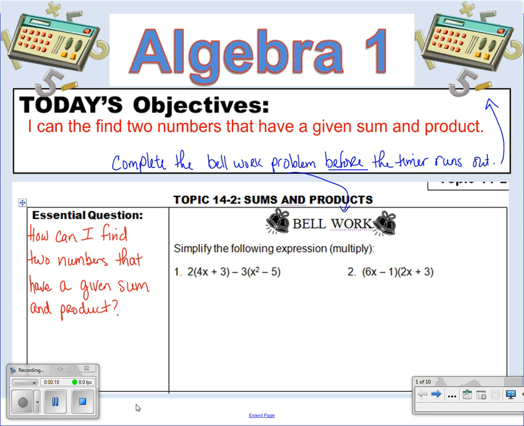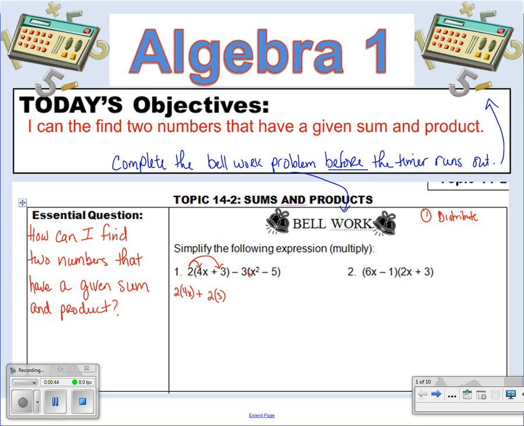We are multiplying, and so we are going to first distribute. This means take the number that is on the outside of the parentheses and multiply everything on the inside by that number, putting a plus sign in between them. So we'll take the 2, multiply it by 4x, put a plus sign, then we'll take 2 and multiply it by 3.